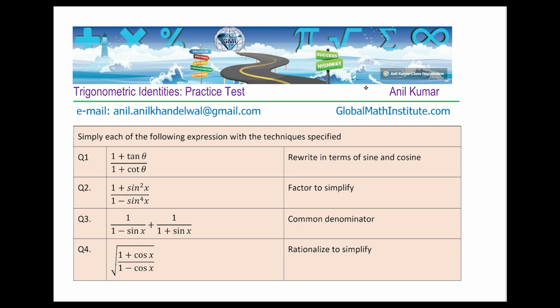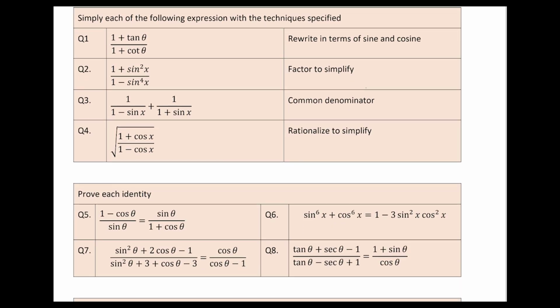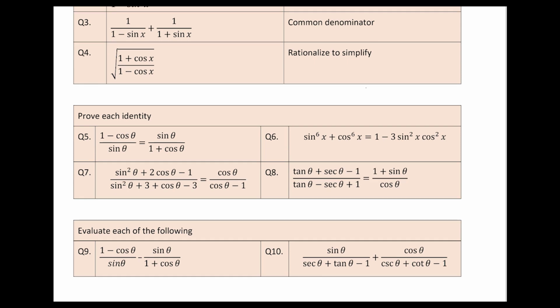Other techniques were to factor, then to take common denominator and rationalize. In proving the identities, we use these techniques and we prove the identities. We also took examples which are seen in many questions where a part of the question is to prove the identity and the other part is to solve the equation. So we have taken it as question number 9 and 10, which makes it very important.